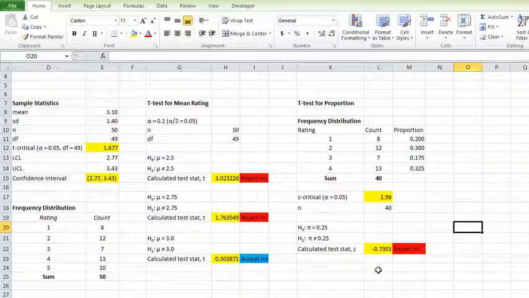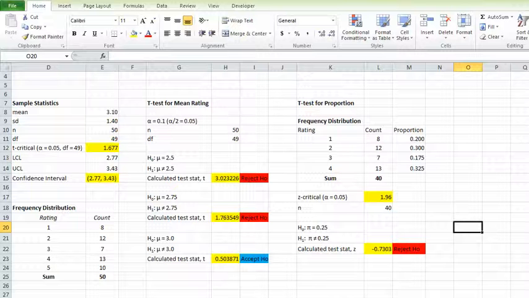My critical value is on the right 1.96 and on the left negative 1.96. Where does negative 0.703 fall? Well, it falls in the middle, to the right of negative 1.96, doesn't it?